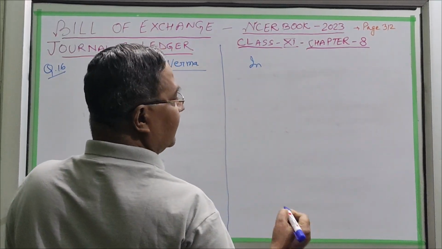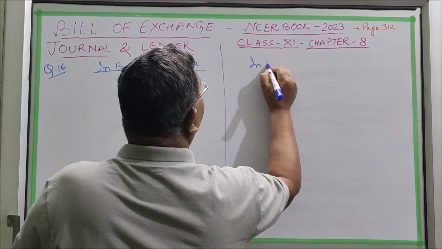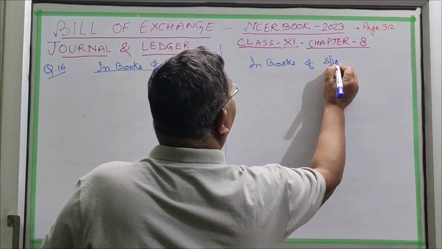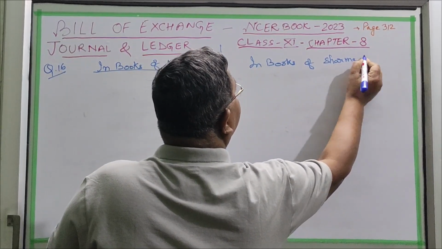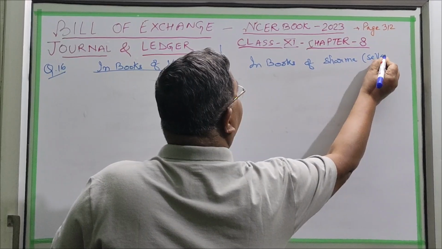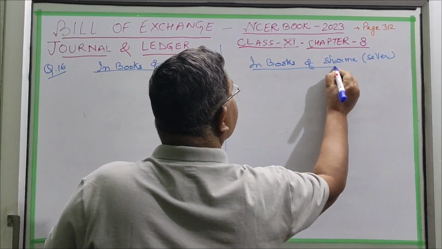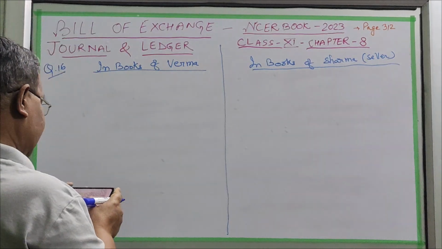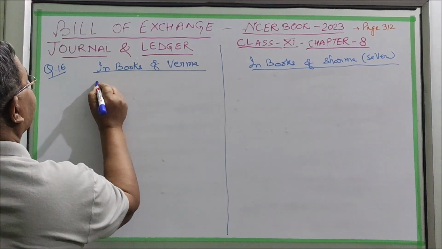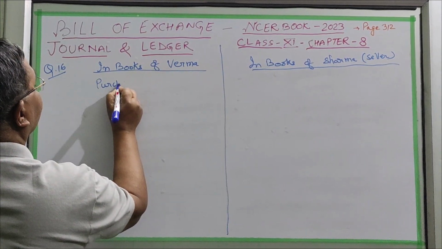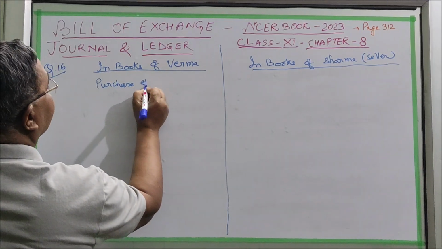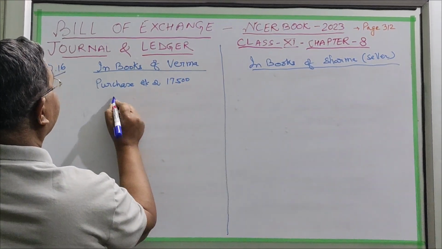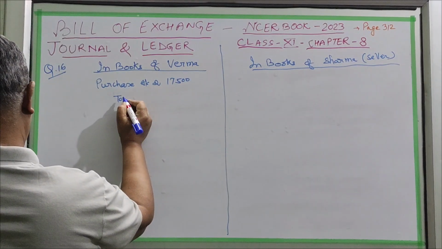In the previous question I made entries in the books of the seller. So in books of Sharma, he is the seller. Okay. Verma purchased goods worth 17,500. So purchase account debit, purchase account debit 17,500, and he gave to cash account.